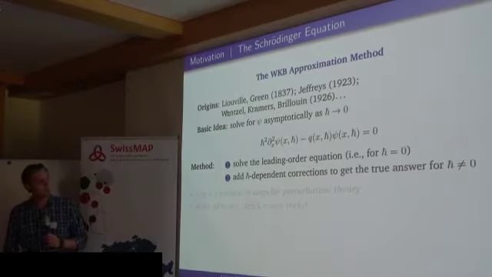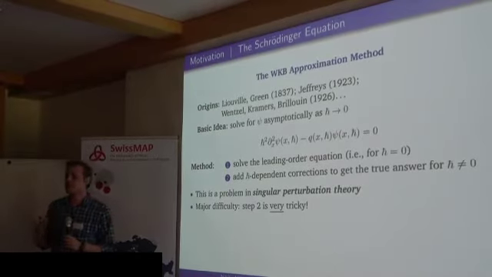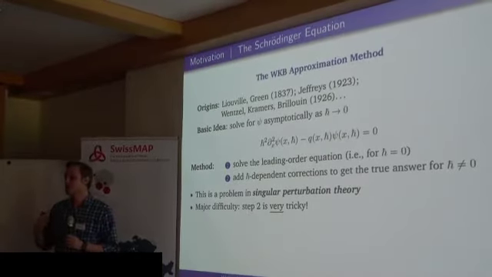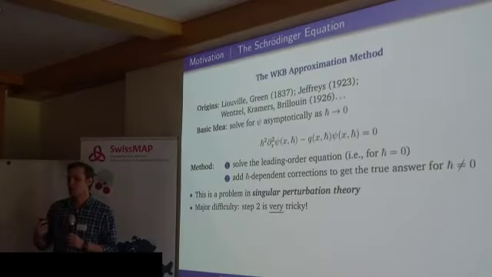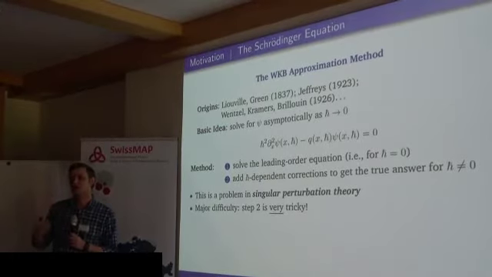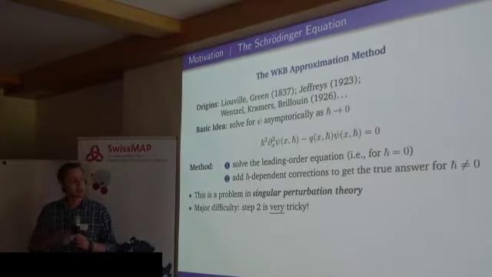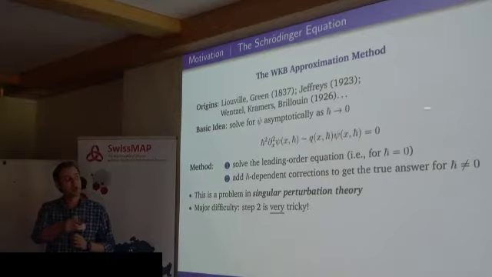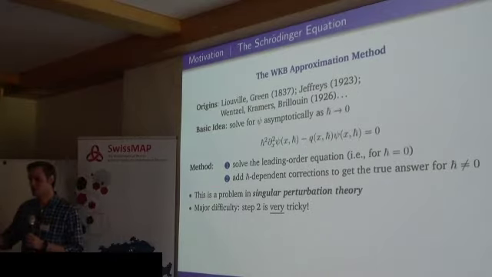What I just described is a quintessential problem of singular perturbation theory, because I'm using the parameter h bar to perturb around the easy problem, which is this algebraic analog of the Schrödinger equation, which I can usually actually solve even in closed form.